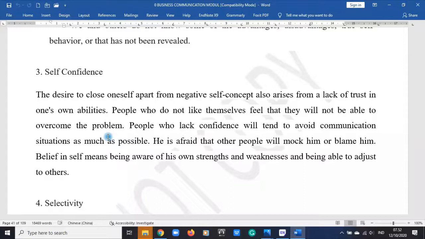Self-confidence is really important because if we have it, then we will be aware of our strengths and our weaknesses, and we are able to adjust to others. So confidence itself means being aware of our own strengths and weaknesses. Then we can adjust with other people.